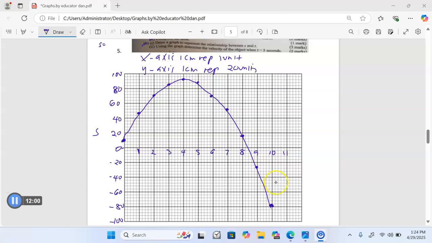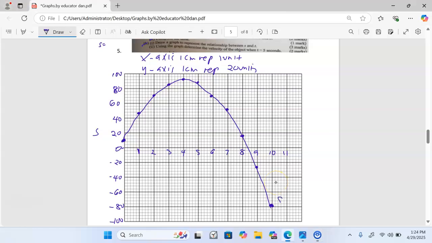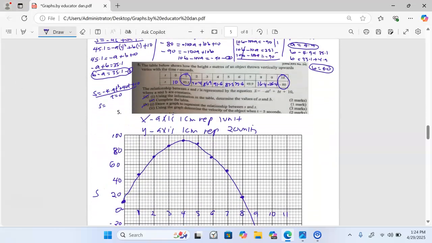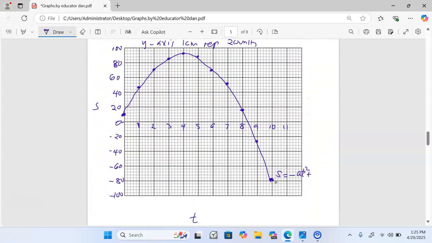After joining our points, we have our curve here, where s is equal to negative 8t squared plus bt plus 10.